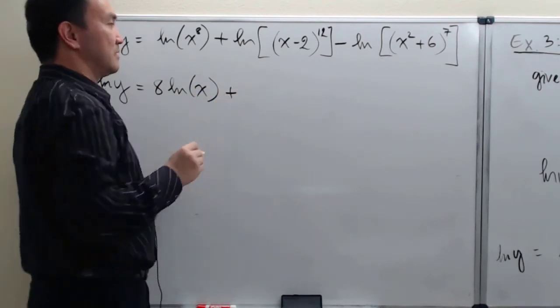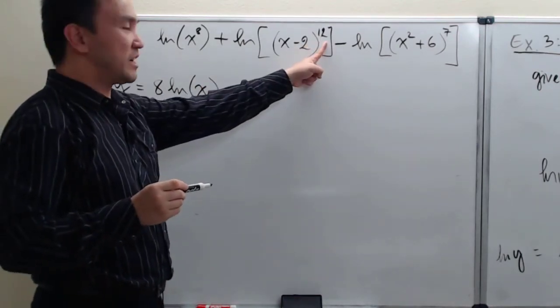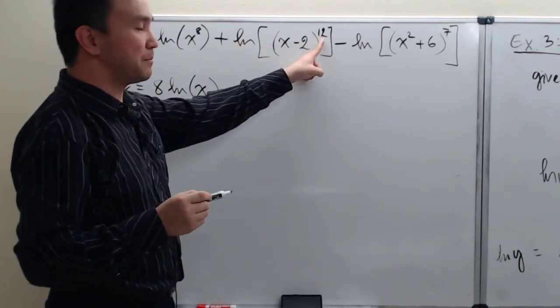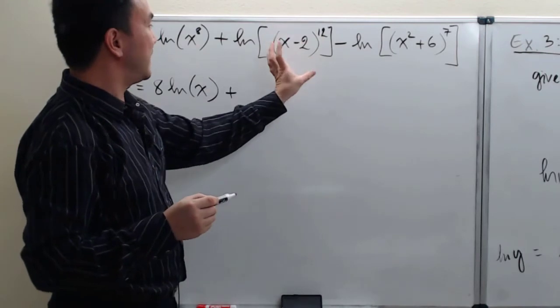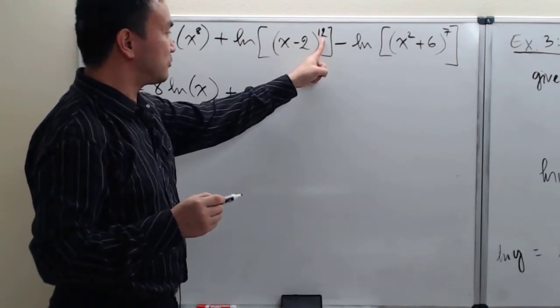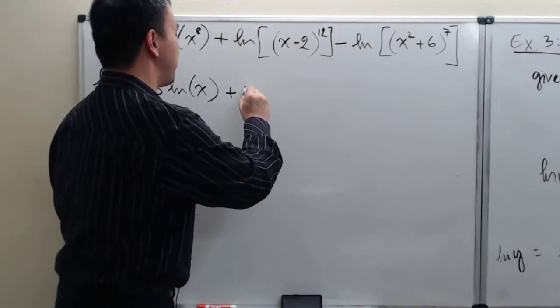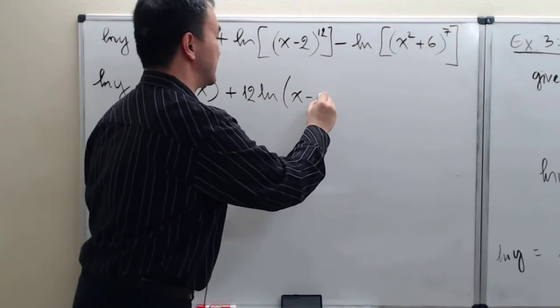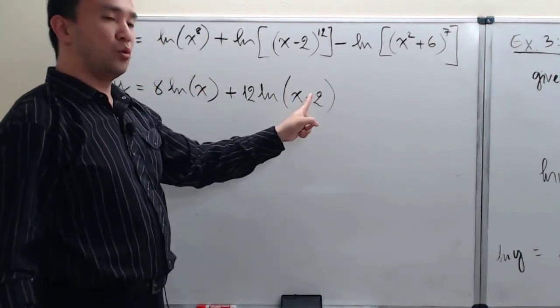Then the same idea can be applied here. We are now seeing a power 12 on the quantity x minus 2, and so I'm going to multiply that power 12 in front of my natural log, producing natural log of x minus 2 with only power 1 there.